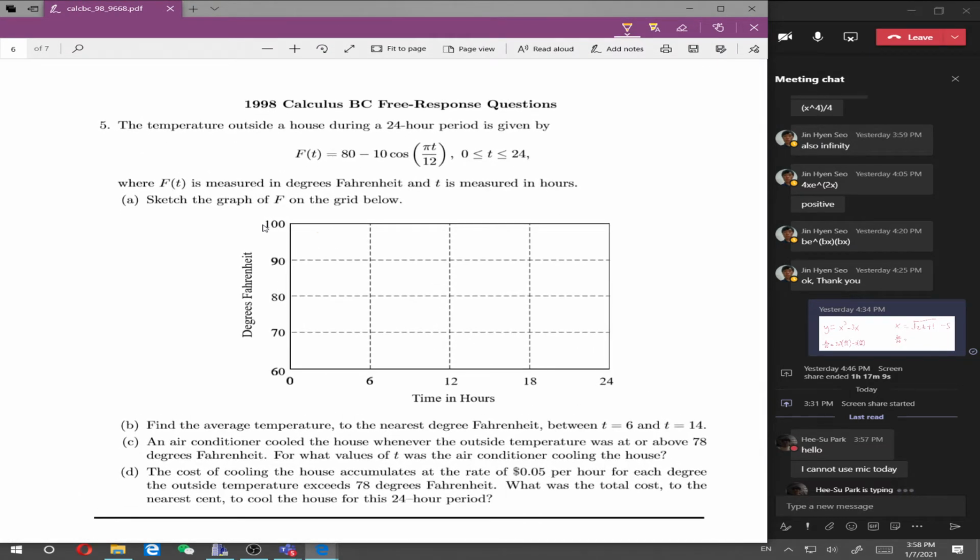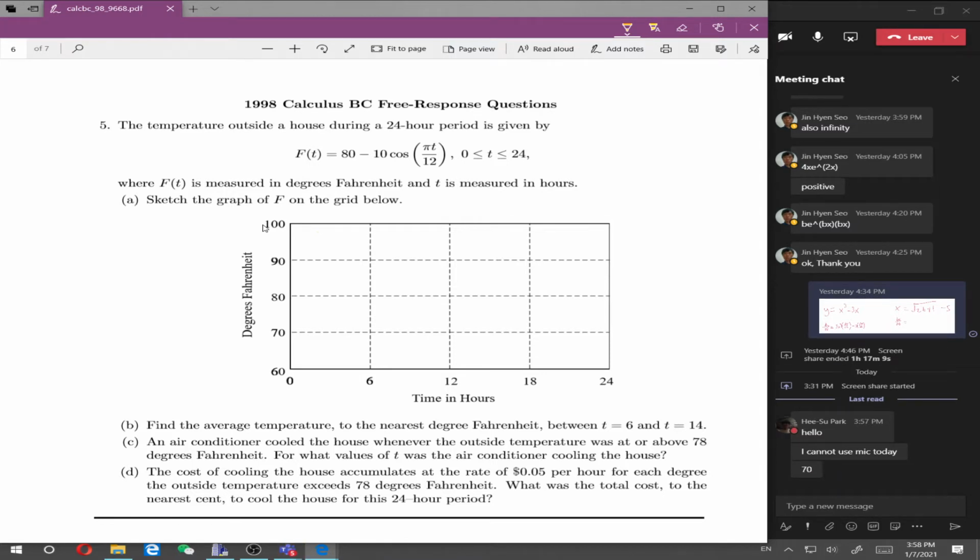So right now, if I plug in t equals 0, what is f of t? Okay, if t is 0, then my cosine is 1, so this is 80 minus 10, which is 70. Let me change colors from yellow, because that's a little bit harder to see. So at 0, we're at 70.